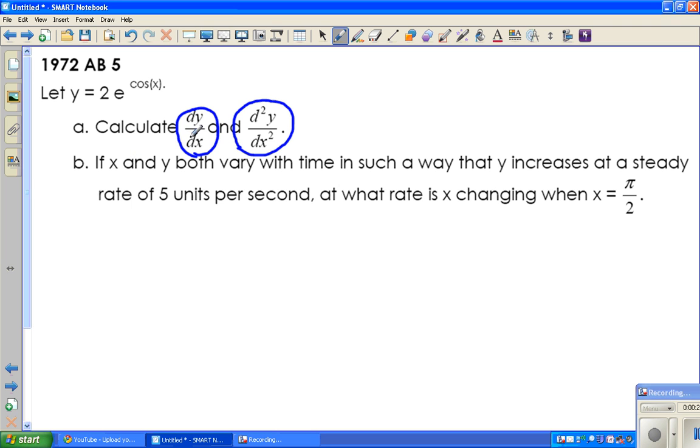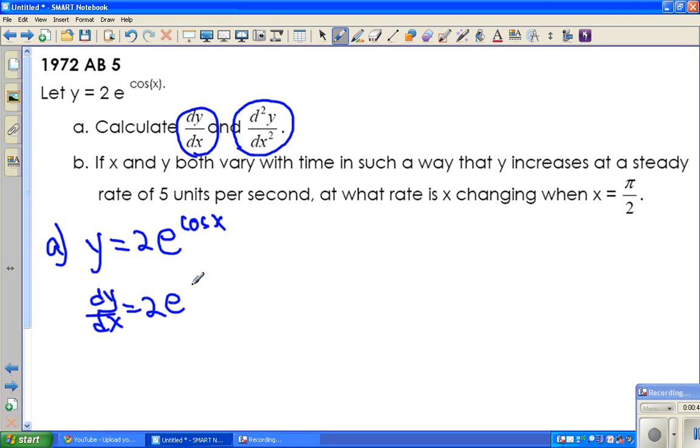Alright, one straightforward way of doing it would have been simply this. Since y is equal to 2 e to the cosine of x, dy over dx would have been simply 2 times e to the cosine of x, same as it is, multiplied through the chain rule by the derivative of cosine of x, which is simply negative sine of x.